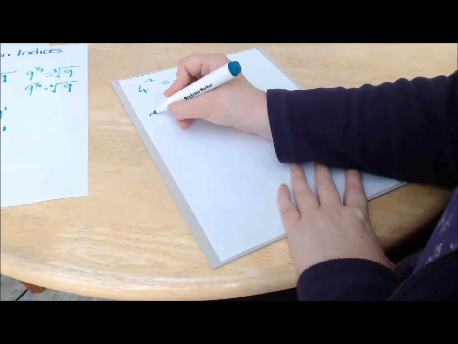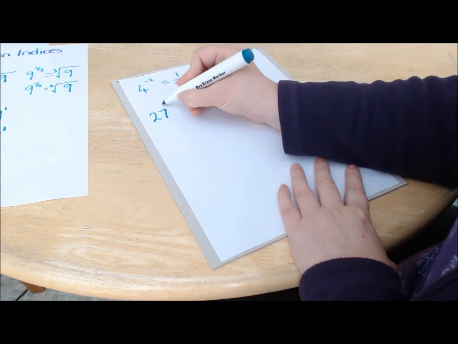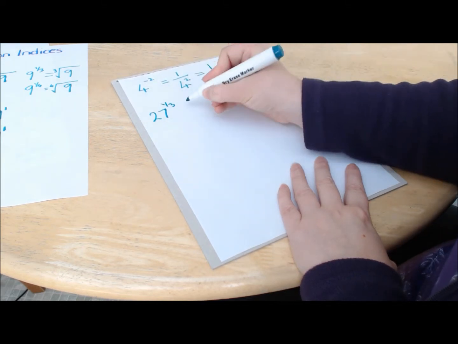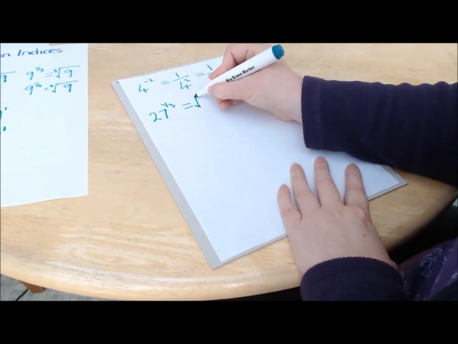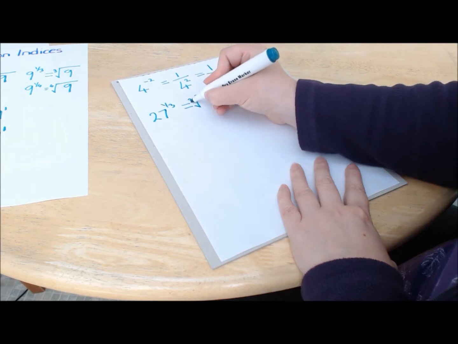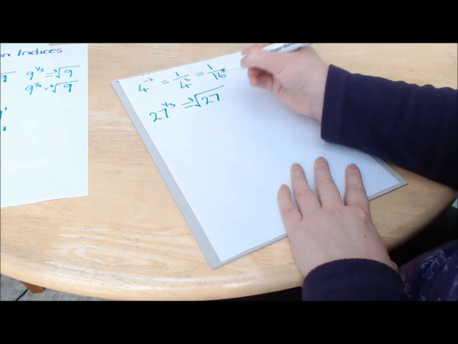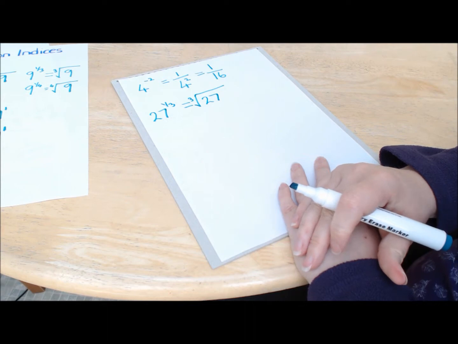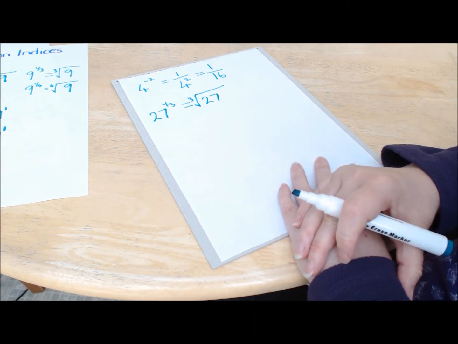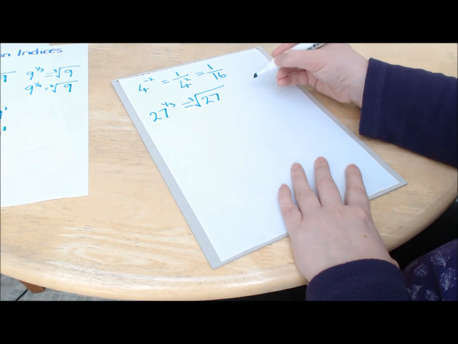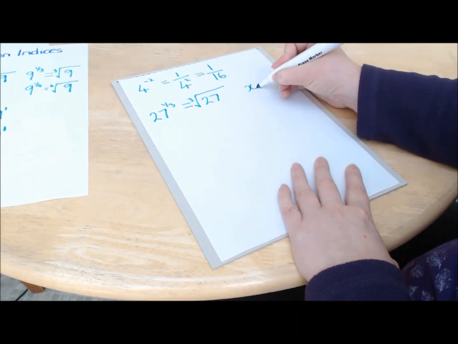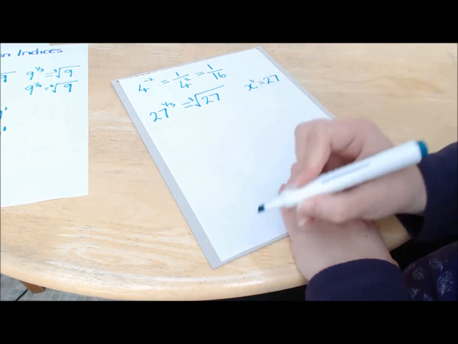So let's say we have 27 to the power of a third. That means we've got to work out the third root of 27. Now they expect you to cope with small powers of 2 and 3, possibly even 5. So what we're trying to guess is, what mystery number to the power of 3 will give us 27?